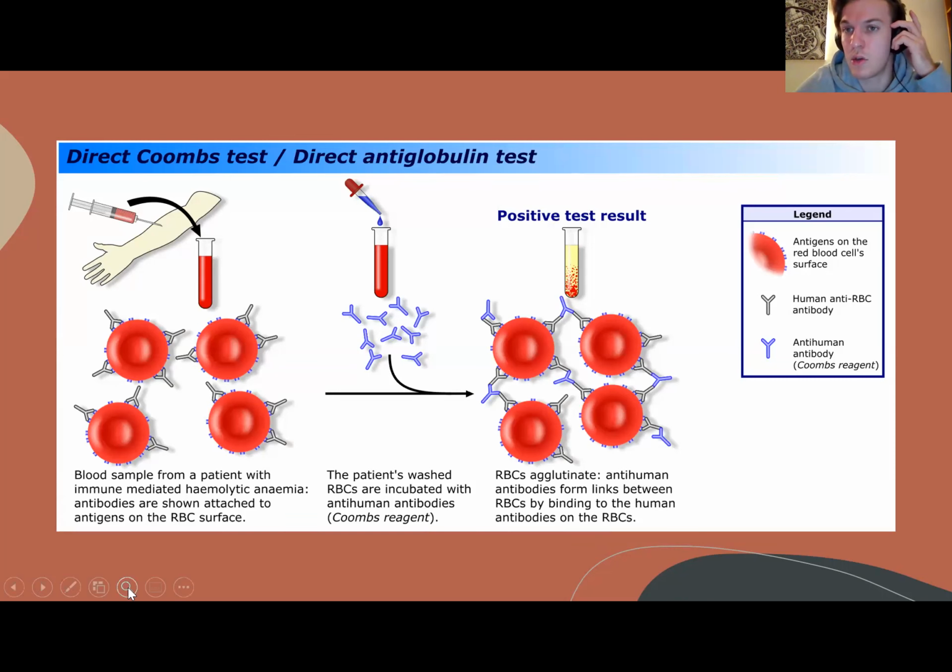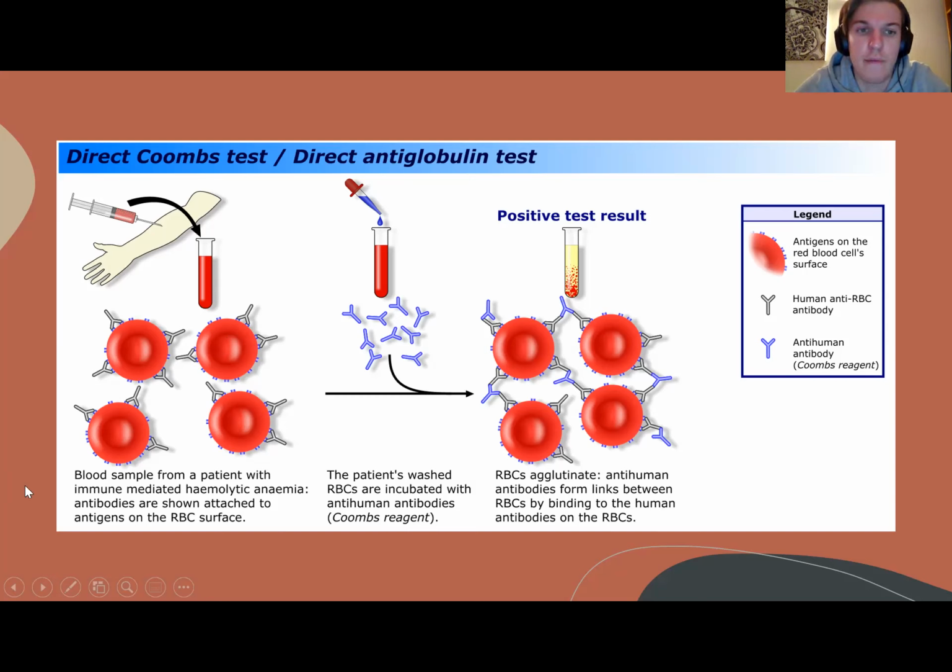And what you would do is take your sample, you wash away everything that isn't red blood cells, because in hereditary spherocytosis, there won't be any antibody bound to those red cells. In your autoimmune hemolytic anemias, like in SLE, they will have antibody bound to the surface. So then, with these red blood cells that either do or don't have antibody on the outside, you add Coombs reagent.